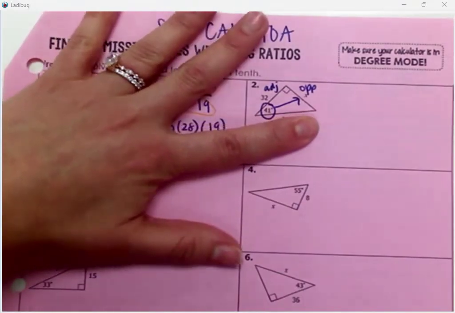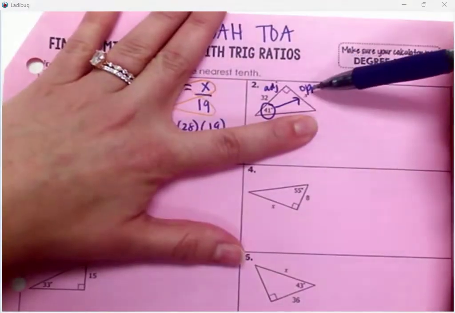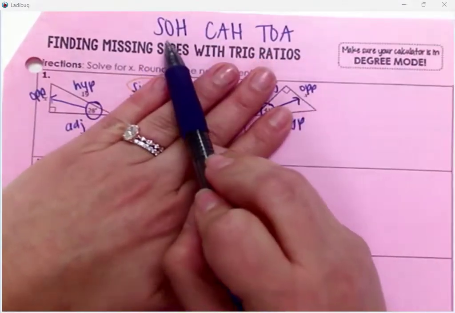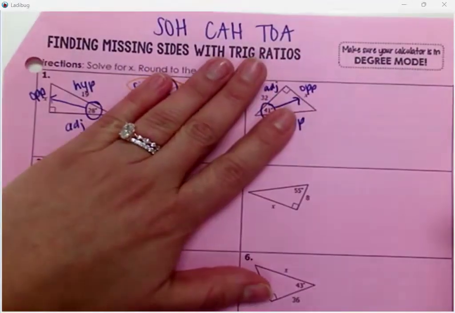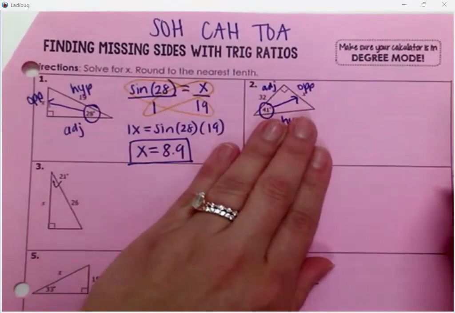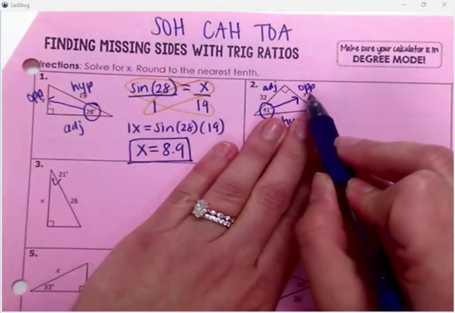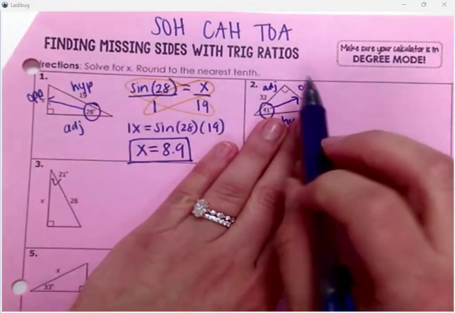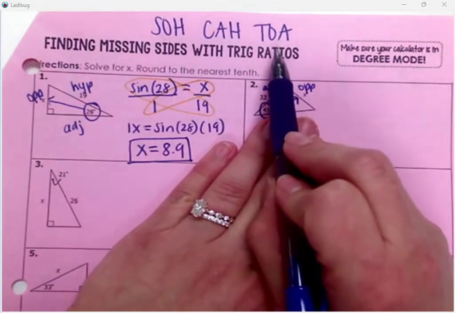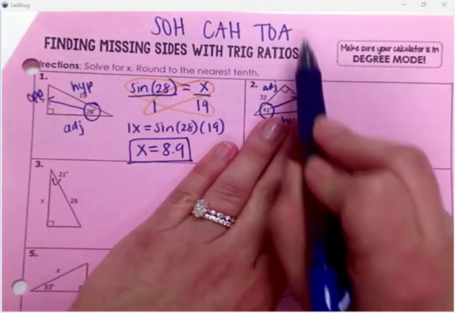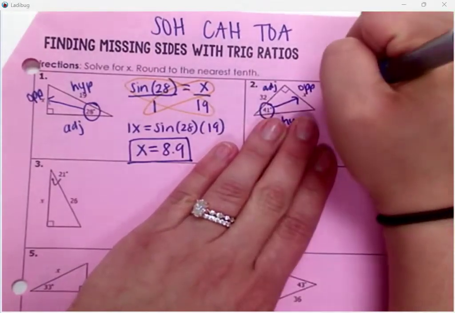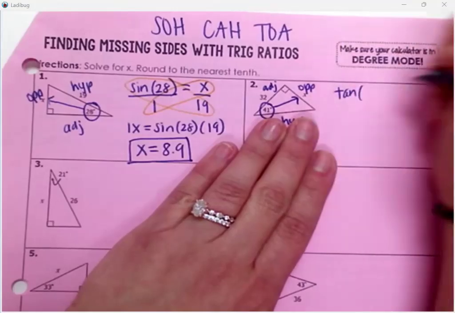Okay? So if I have adjacent and opposite, is that going to be a sine, cosine, or tangent? It's the TOA. Exactly. It has an O and an A, so those match O and A. So in this case, I'm going to be dealing with tangent.